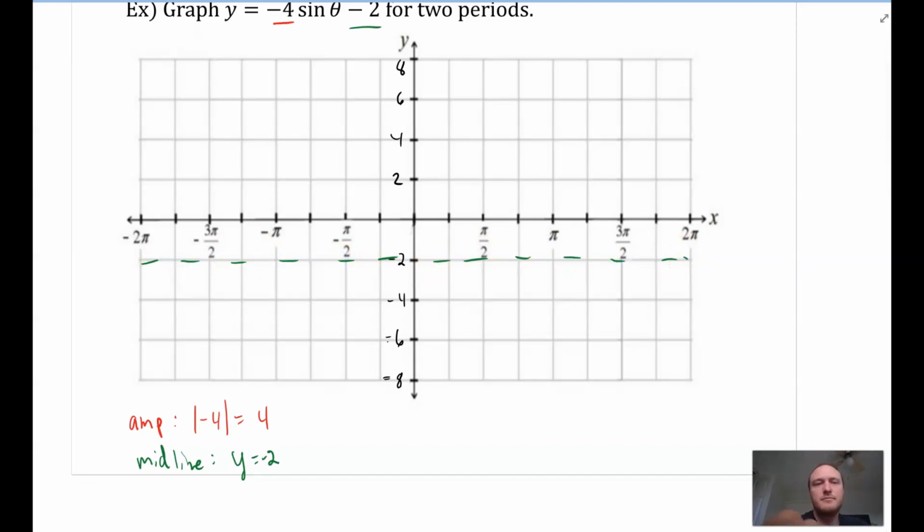My function, right, is a sine function, so I'm going to start on that midline. Okay, and I'm going to repeat every 2 pi, and I'm going to split this into fourths. So kind of make those little cuts just to know, okay, those are my key points. And notice my a value is negative, so that's going to cause me to flip.